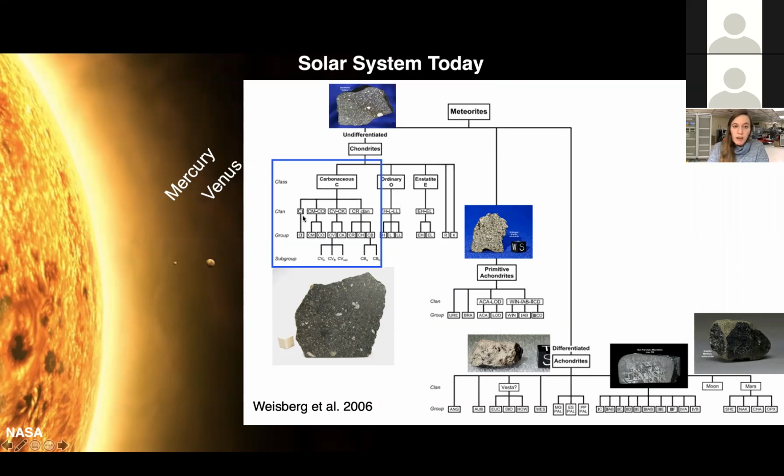So there are subgroups of carbonaceous chondrites, which I will be talking about as well, like down here, I'll focus on CO, CV, CR, CH, and CB. They just have slightly different compositions and slightly different abundances and populations of CAIs.